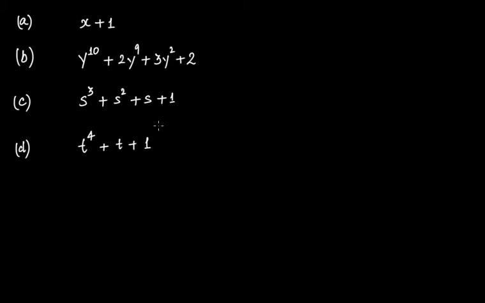One thing that is common in these four polynomials is that all of them are polynomials in one variable. In the first we have only one variable, that is x. Let's denote this polynomial by p(x).